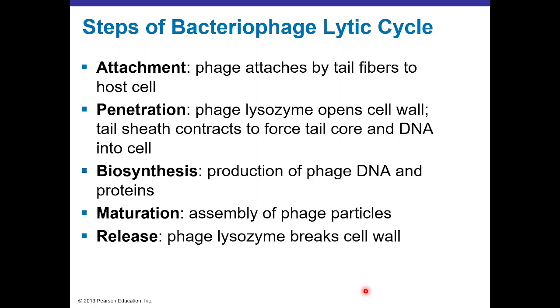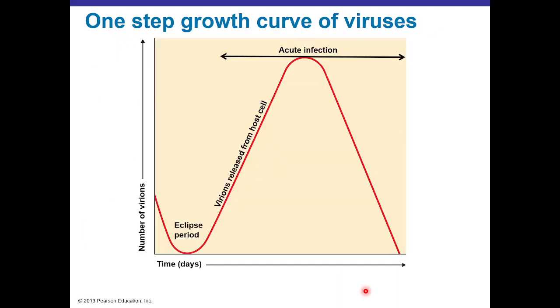Once the virus has copies of DNA and proteins, it will assemble these in what we call the maturation stage. And then once the cells have fully complete virions, the cells are going to burst. The release is by breaking down the wall, and the cells will die.